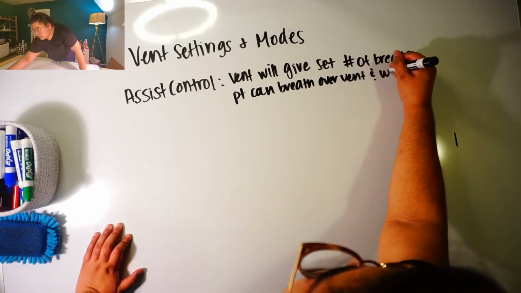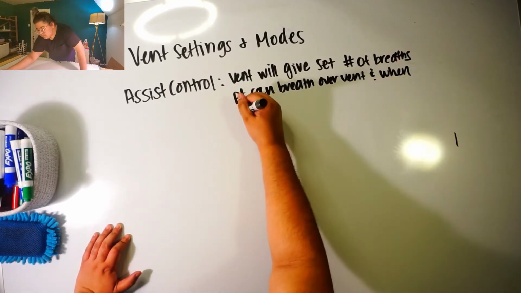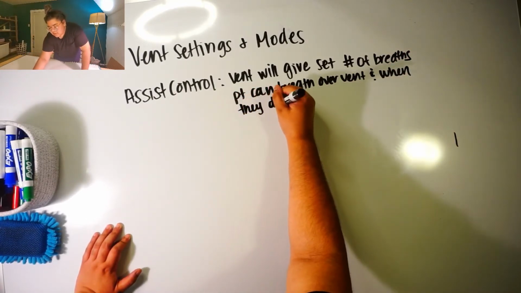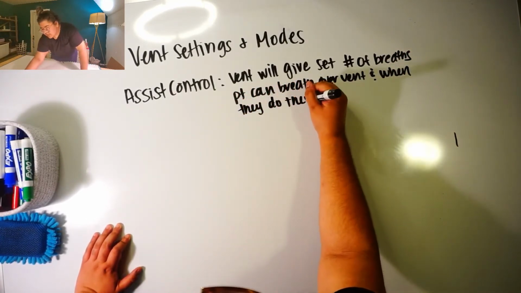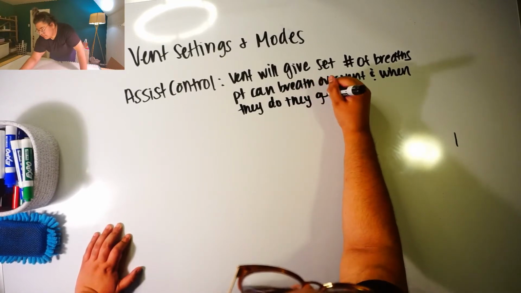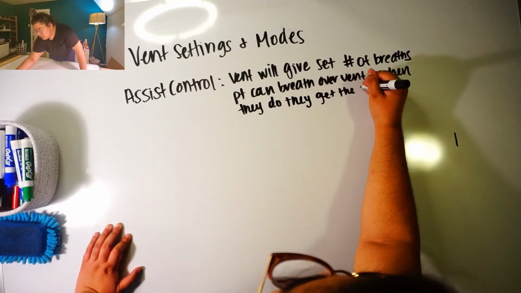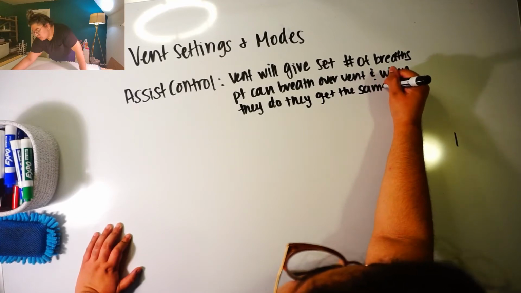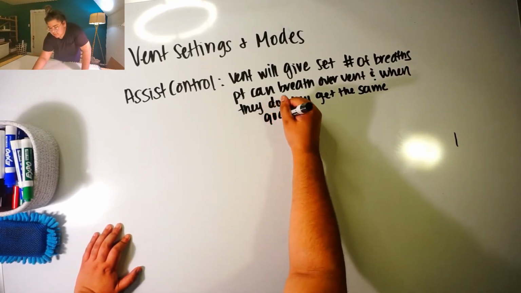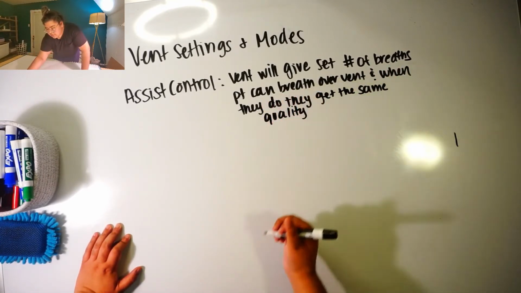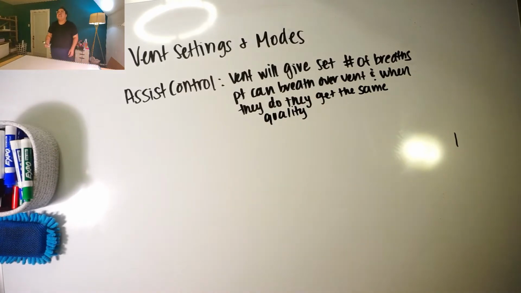And when they do, they get the same quality of the breath. Okay, so we'll come back to this definition whenever we're talking about the two modes that are under assist control.